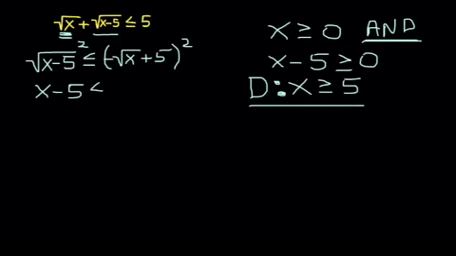The right side's a little more complex. We have to multiply together two binomials. Again, if you need practice on that, there is a lesson on multiplying polynomials that would be helpful to you. But we're going to take negative square root of x times negative square root of x, which is negative times negative is positive, and square root times square root just gets rid of the square root. That just leaves x.